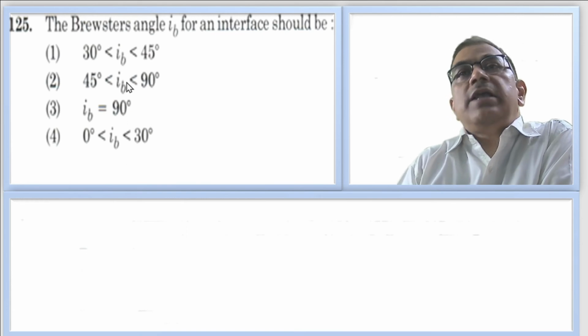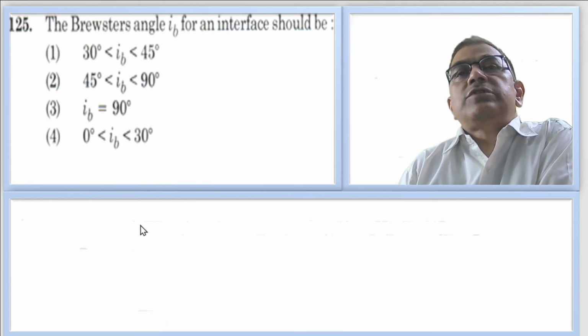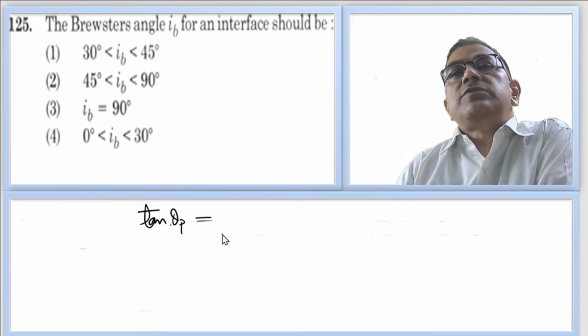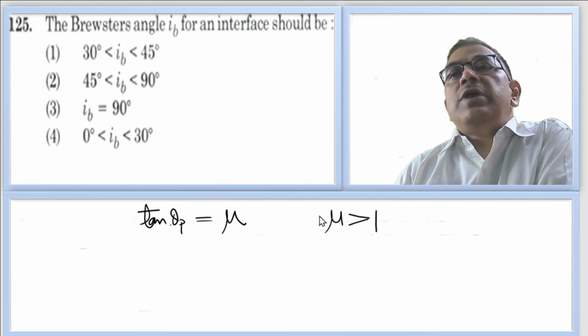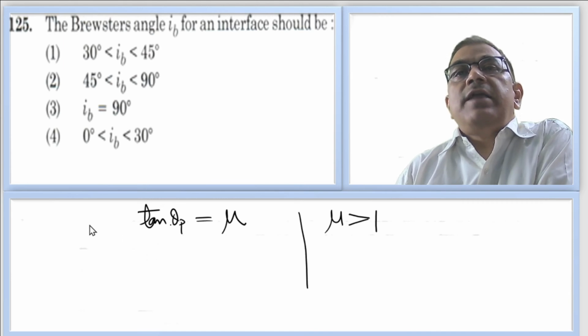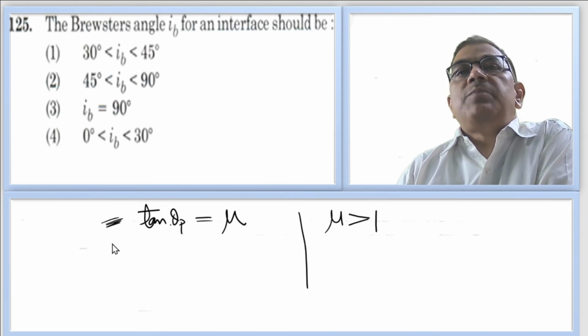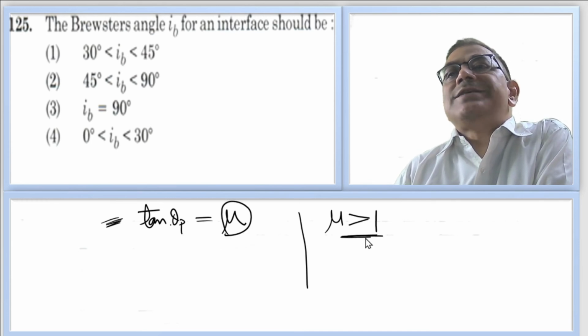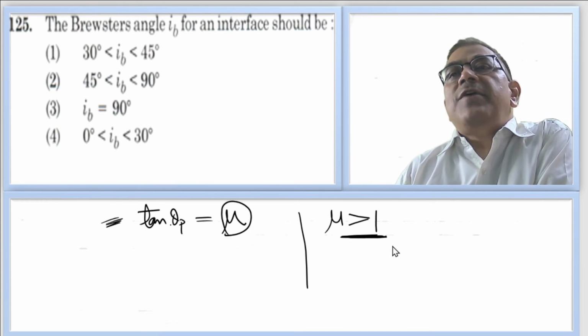And the Brewster's angle, you know, as per Brewster's law, if theta p happens to be the Brewster's angle, so tan theta p is equal to mu. But you see, mu is always greater than 1. Light ray in this case is traveling from the rarer to the denser medium, one medium to another medium. So mu is always greater than 1. Greater than 1 means what?